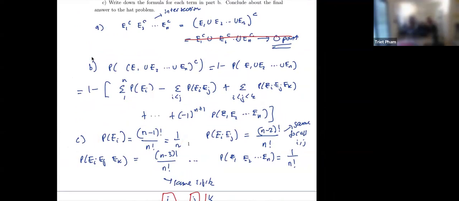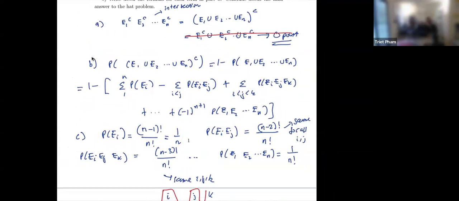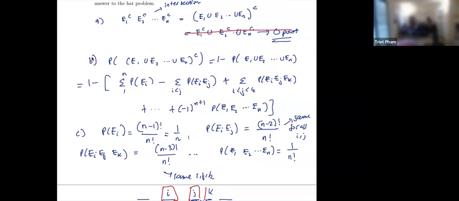All right, so I'm just going to write this with more space so that we can see.